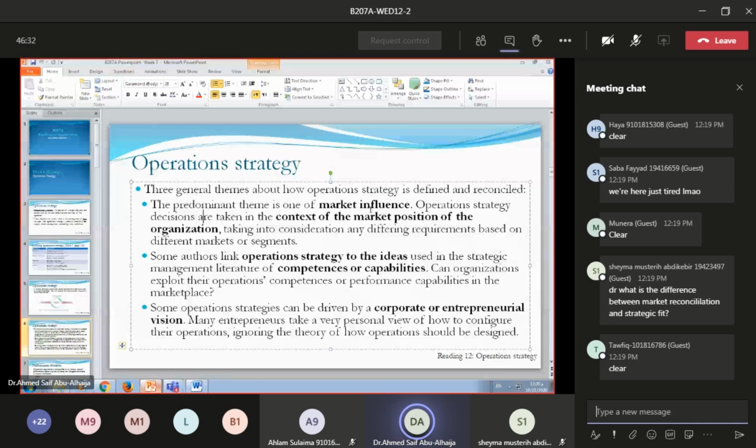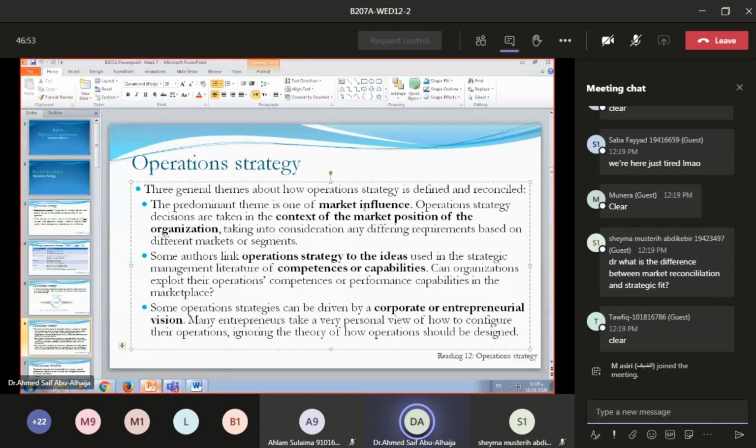Once you want to define the operational strategy of the company, you need to consider three factors. The first one is the market influence.